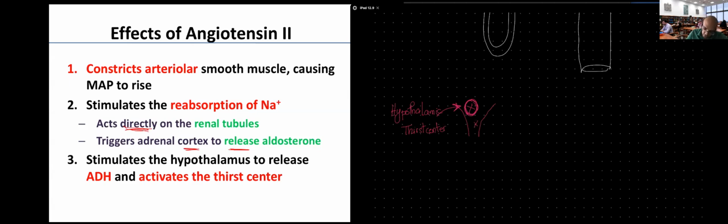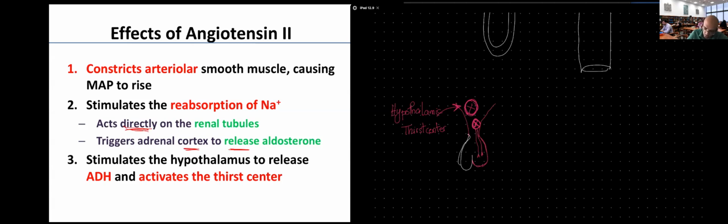The other part of the hypothalamus that gets stimulated by the angiotensin II are the nerve cells, which are responsible to release the hormone that will be stored and then released later on from the posterior pituitary gland.